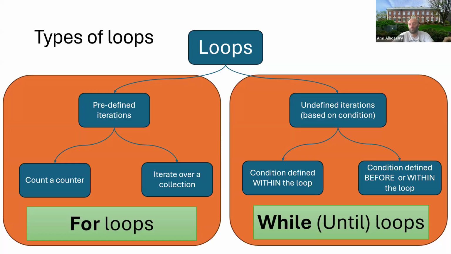Until is the opposite of while, which means while not. So loop until you reach the target is effectively equal to while you did not reach the target yet.